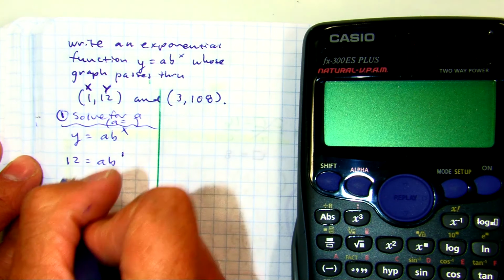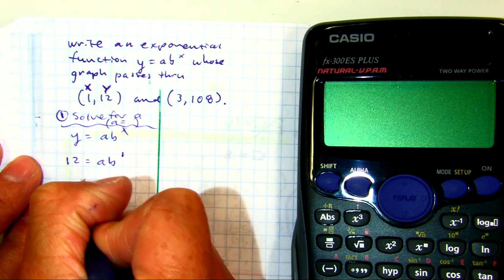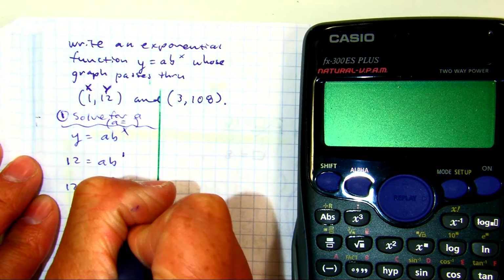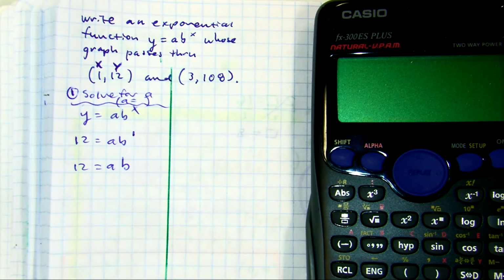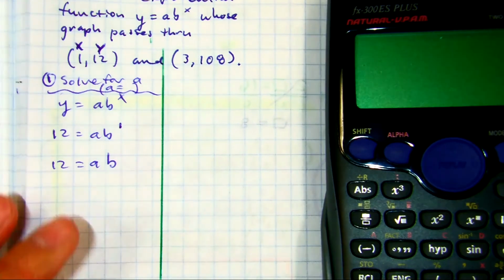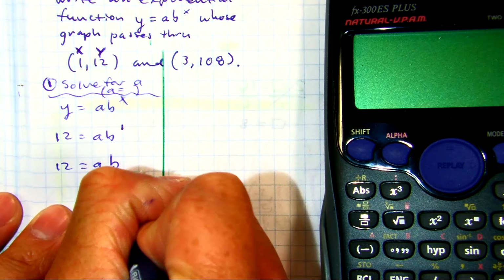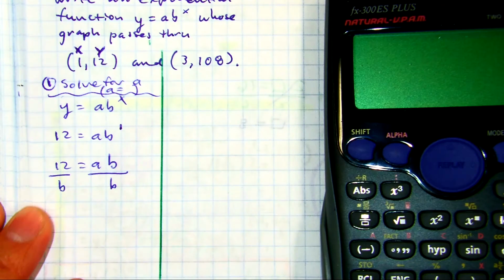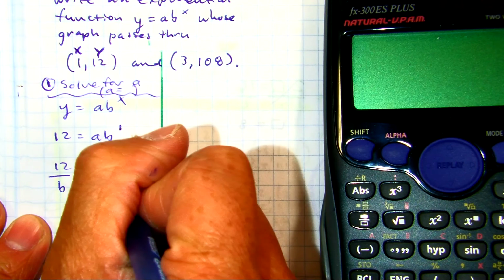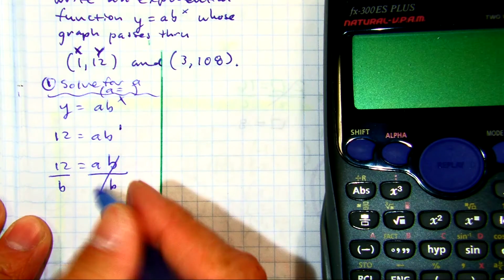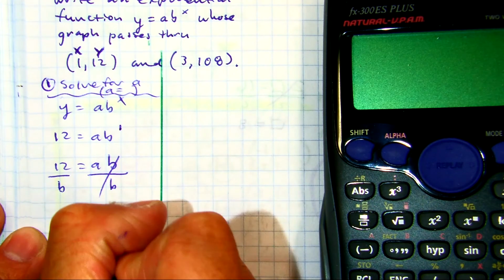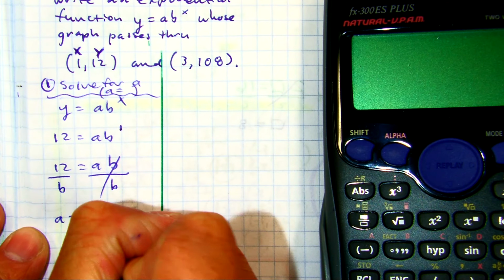So essentially this is the same thing, right? 12 equals ab. And then to get a by itself, all I have to do is divide by b. Essentially the big idea of what we're doing here is we're using systems of equations. So a is equal to 12 over the letter b.